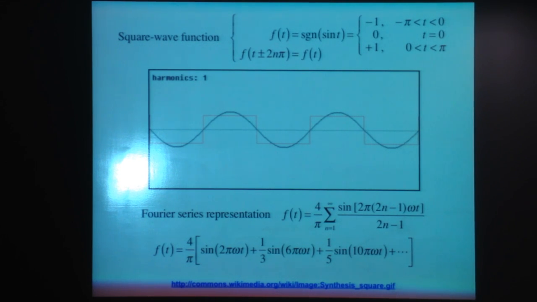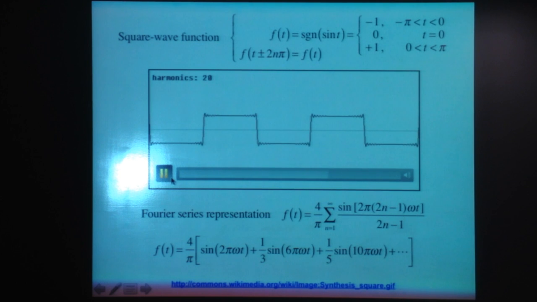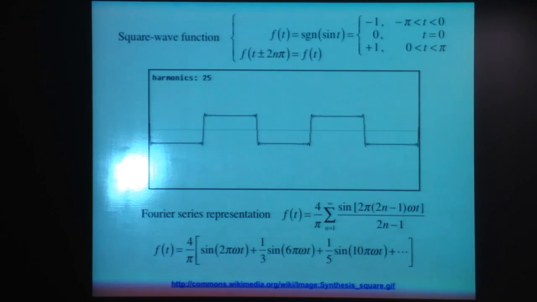So what the movie is going to show is the addition of higher harmonics. As you add higher and higher harmonics, you get a better and better approximation to the square wave, summing over these sine function harmonics.